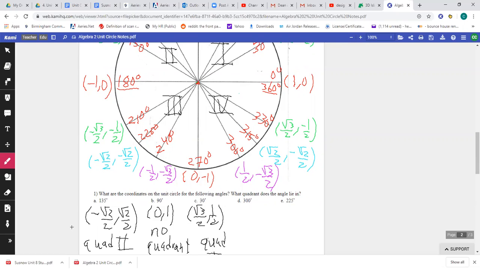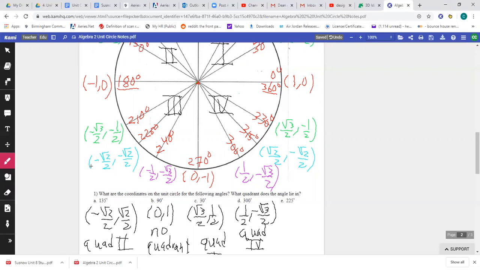So letter D, 300 degrees is right here. The coordinate is 1/2, negative root 3 over 2, and it's in quadrant 4. And then 225 is right here on the bottom left.